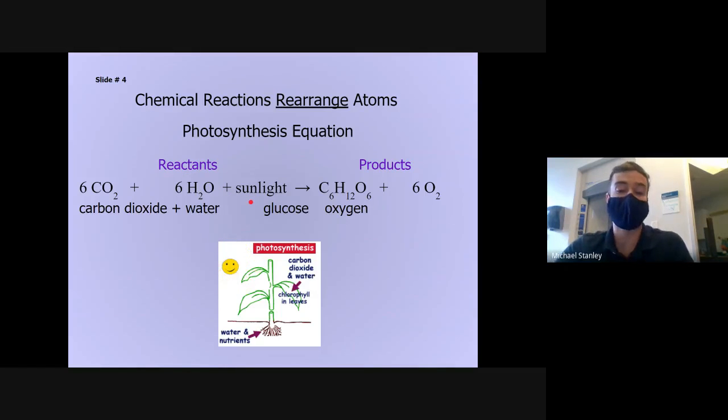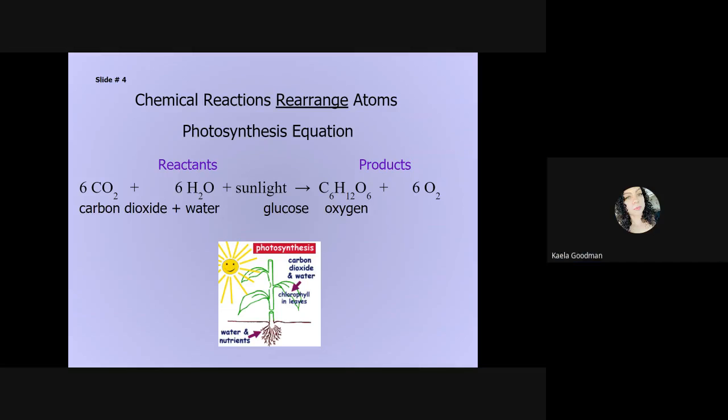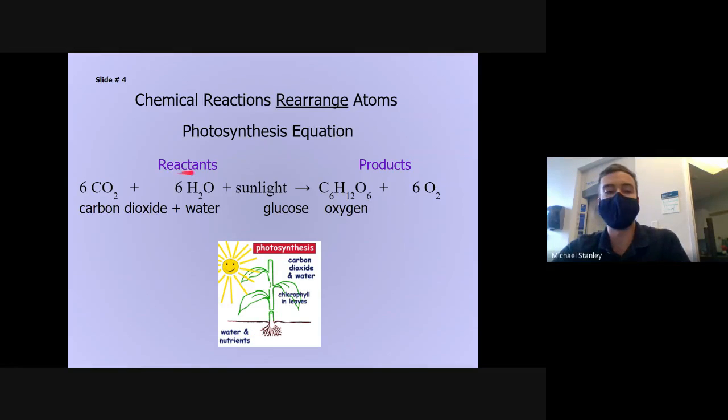Does anybody remember what type of reaction we call it when it absorbs energy? Endothermic? Hey, nailed it, Kayla. Correct, endothermic. So photosynthesis absorbs sunlight energy in order to do the reaction, so it is an endothermic reaction. And our products are glucose, which is this big molecule right here, and oxygen.